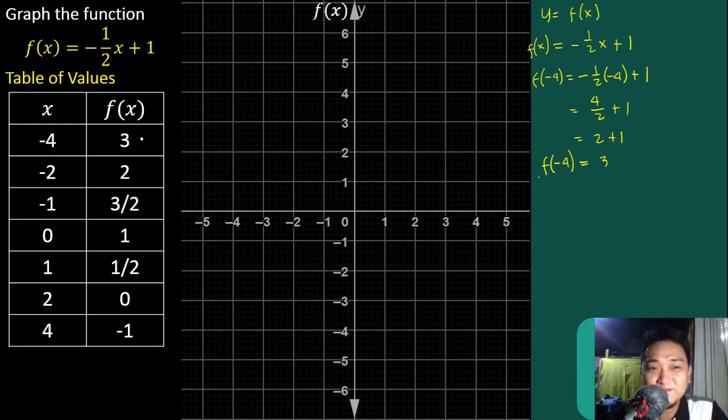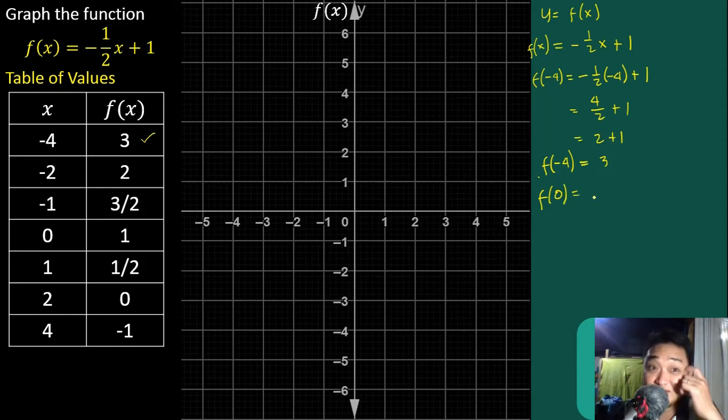So, ito po yan, or let us try 0, kunyari. Halimbawa, ang hinahanap natin yung kanyang y-intercept. Napakadali ng y-intercept kasi pag mag-y-intercept ka, ang gagawin mo lang is 0 mo lang si x. Siyempre, 0 times anything, 0 naman lagi. Ang natitira, yung y-intercept o yung ordinate ng y-intercept natin, which is 1. So, immediately, we could tell the coordinate. So, let's say the value of x for this function is 0.